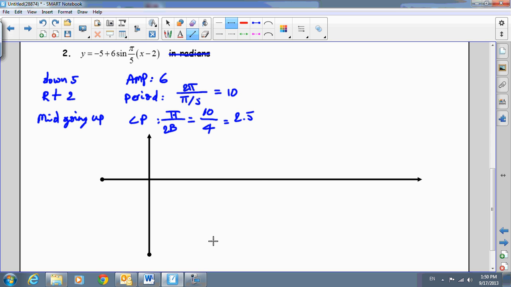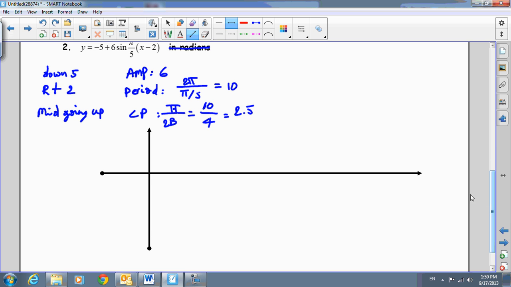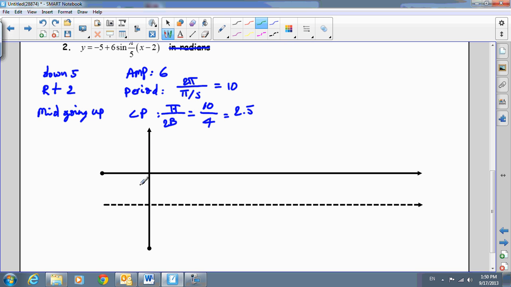The reason I gave myself a little bit more room on the bottom is because I'm shifting everything 5 units down. So if I shift everything 5 units down, I will get to something like this. In other words, I'm shifting my axis 5 units down. This is my -5, this being 0.